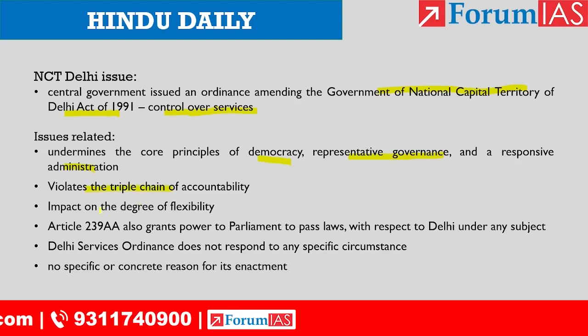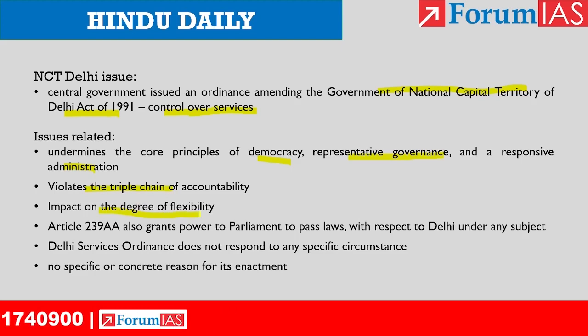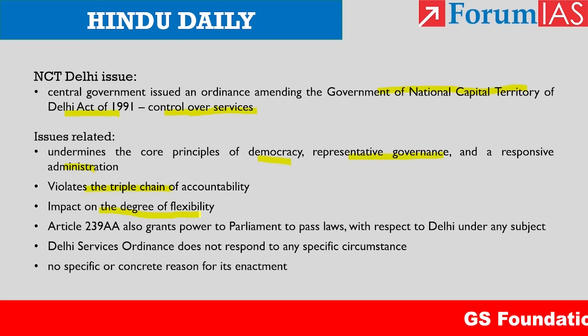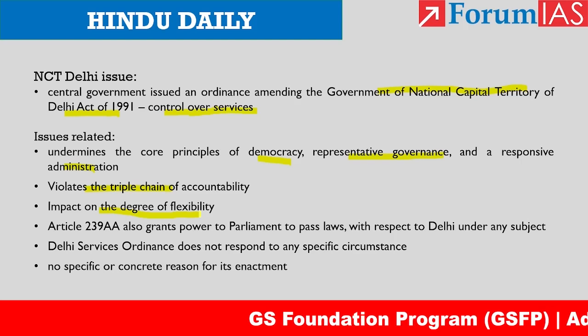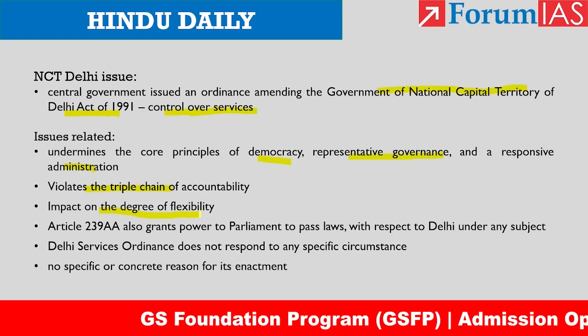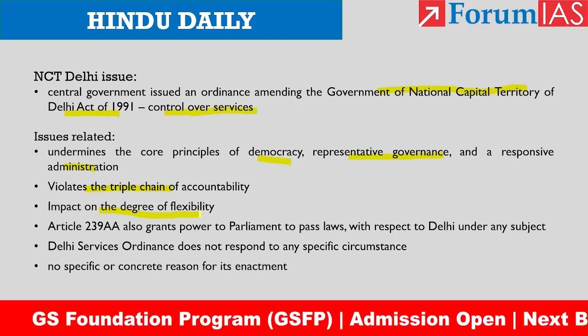Third is the impact on the degree of flexibility. See, Delhi's special status is already recognized in Article 239AA. This Article 239AA already creates the balance between the interest of representative governance and national interest in the national capital.